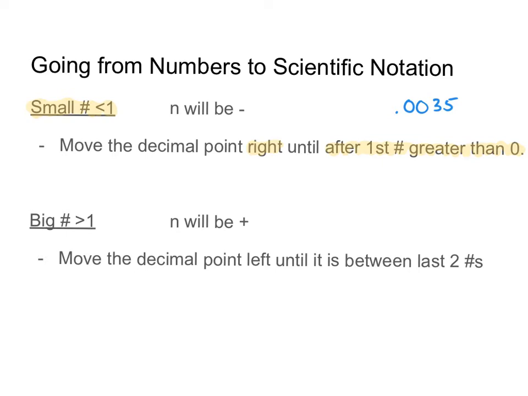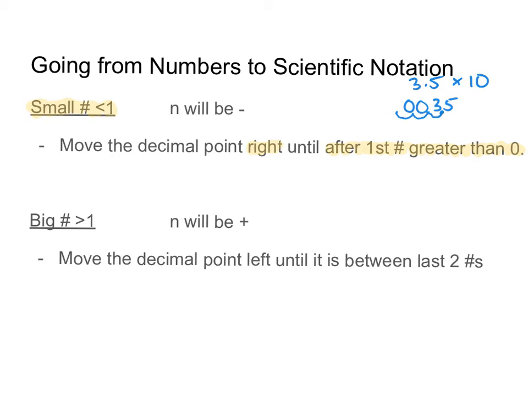Looking at our example, the 3 is the first non-zero digit, so that is where we move the decimal to: 3.5. Okay, so we have 3.5 now. Then we put the times 10 that we always have. Times 10 will always go there after the m, the thing with the decimal.